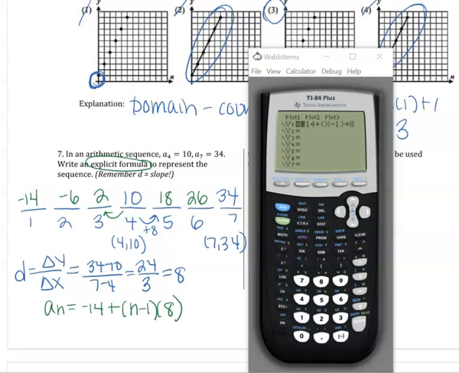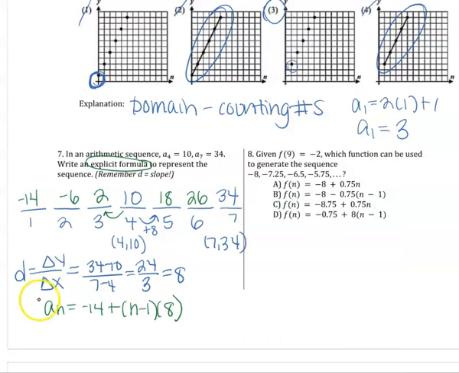I pulled up my calculator and I typed in y1 equals negative 14 plus x minus 1 times 8. Now if I go to my table of values, let's double check this. They told me the 4th term was 10, which it is, and the 7th term is 34, which it is. So now I can be confident, if I wasn't already, that this is my formula.